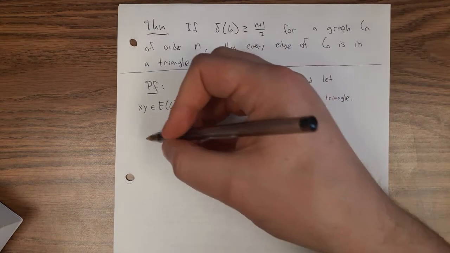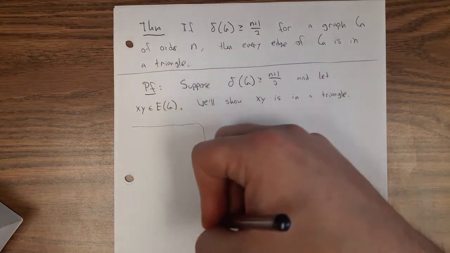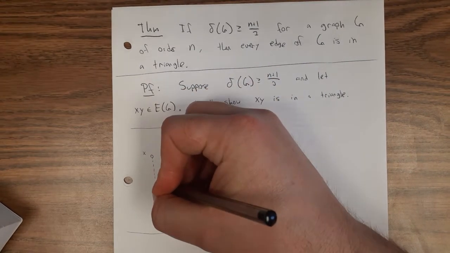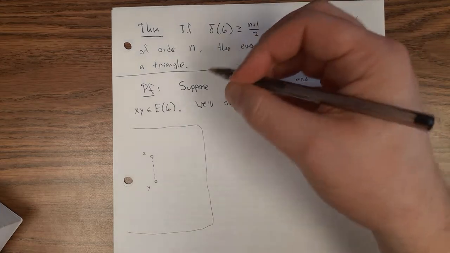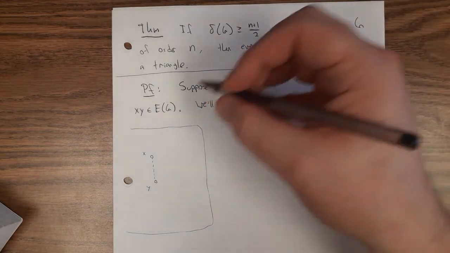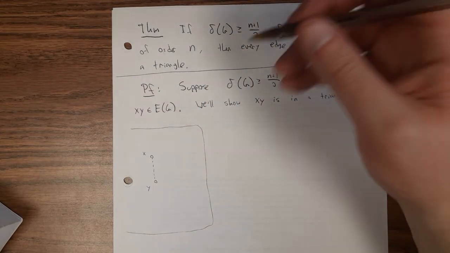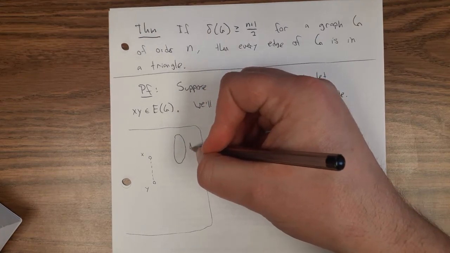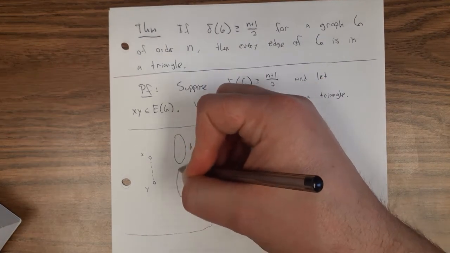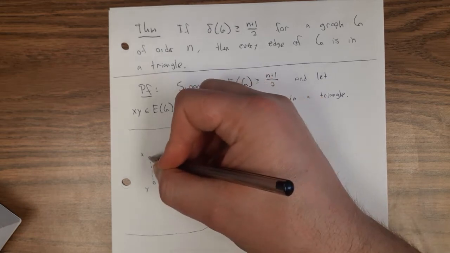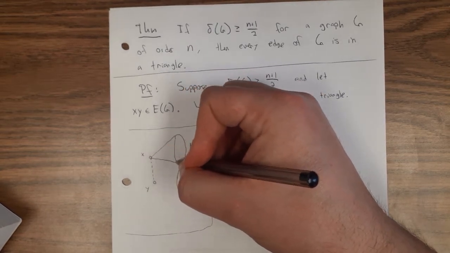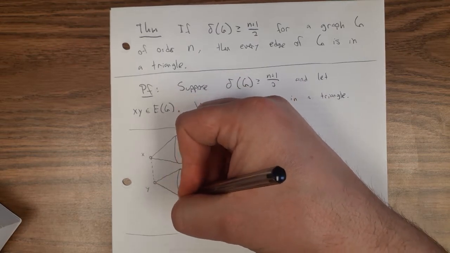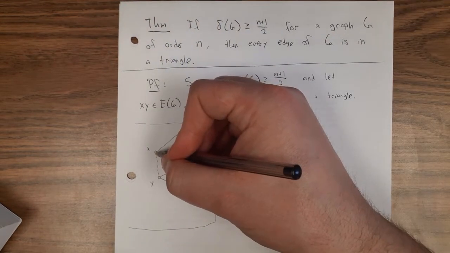So I can start drawing a picture. And why don't we say we're going to prove this by contradiction? So I'm going to draw a familiar looking picture here. A is meant to be the neighborhood of x, B is the neighborhood of y. Whoops, I drew a dotted line.